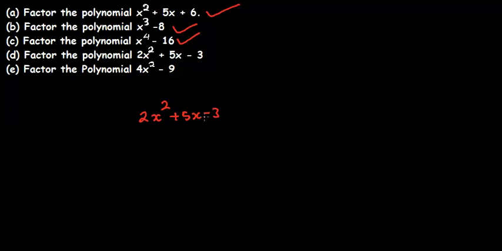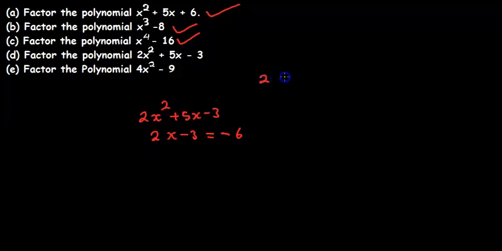First thing we need to do is to find the numbers that, if we multiply, are going to give us 2 multiplied by negative 3. We should make sure that it's going to be negative 6. No, not negative 6, actually negative 3. But if we have negative 6, it's okay, because if we add these two numbers, it's simply going to give us positive 5.